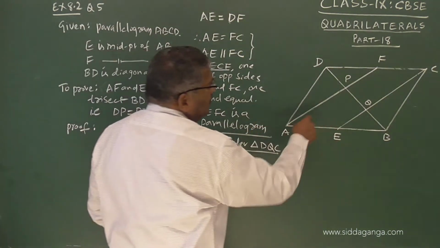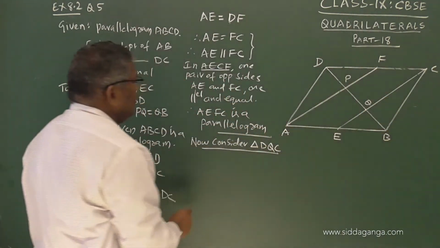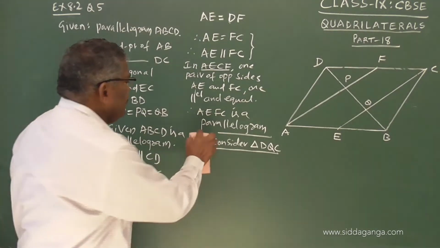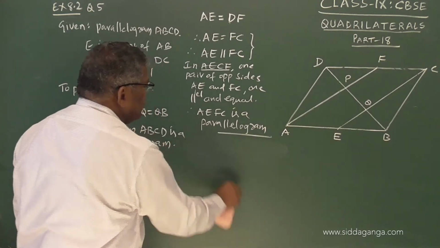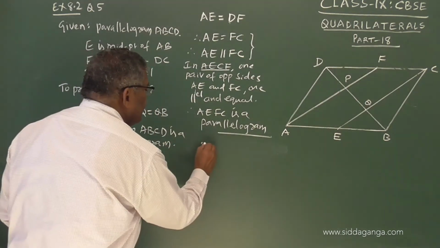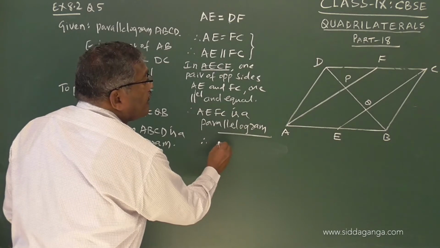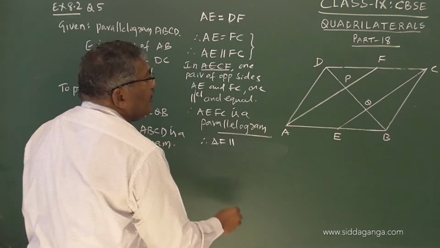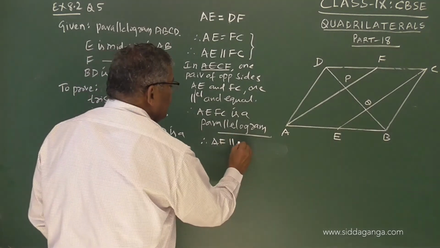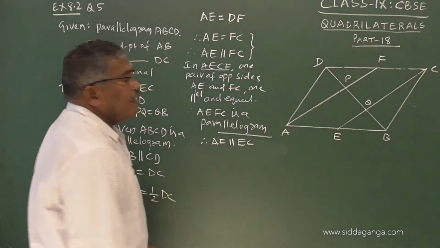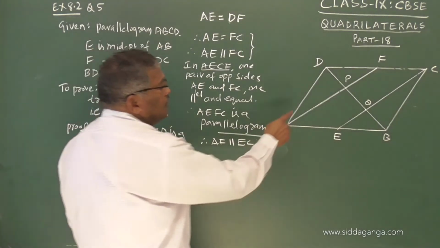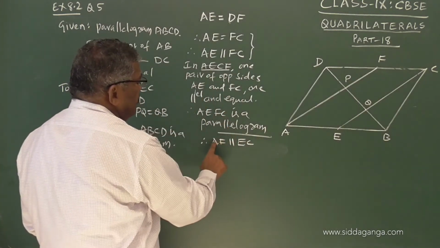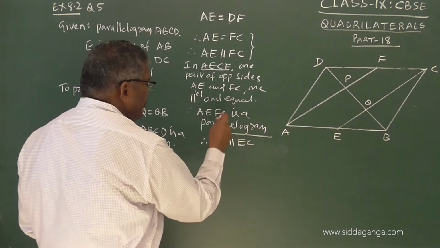So since AECF is a parallelogram, opposite sides, therefore AF is parallel to EC. These are the opposite sides of a parallelogram, so these two are parallel.